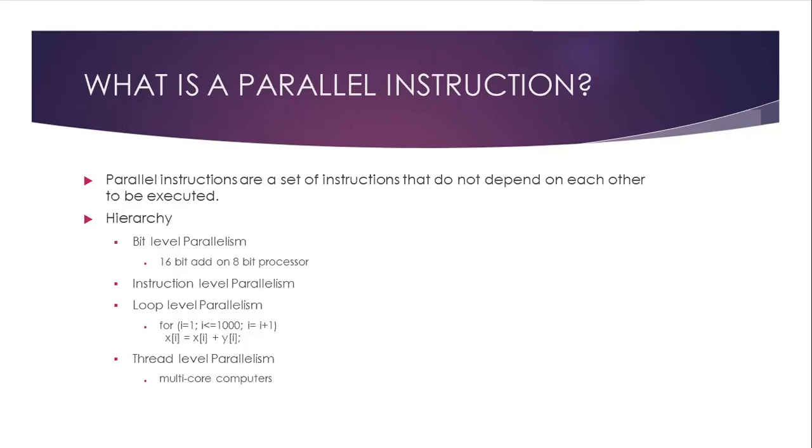Suppose a for loop executes where loop variable I is initialized to 1, goes on while less than or equal to 1000, and increments by 1. So I can write here: for I equals 1, I less than or equal to 1000, and I equals I plus 1.